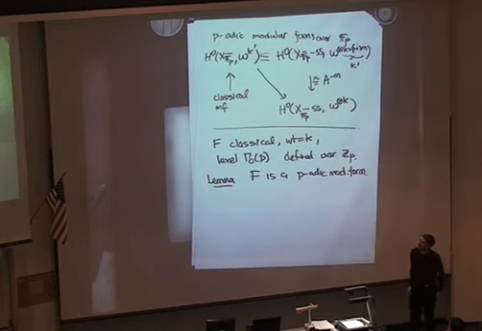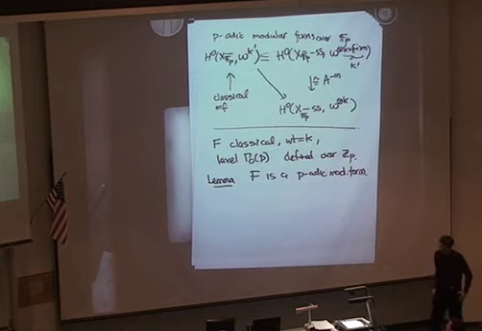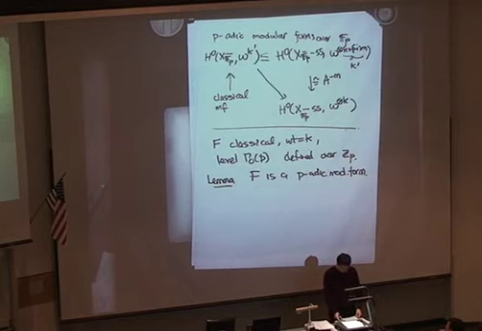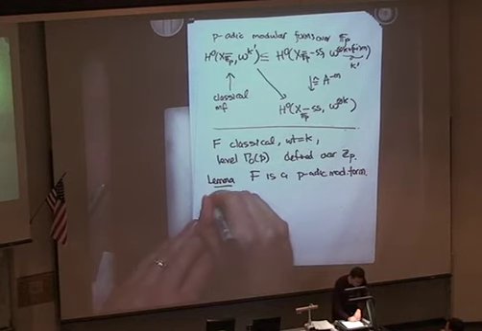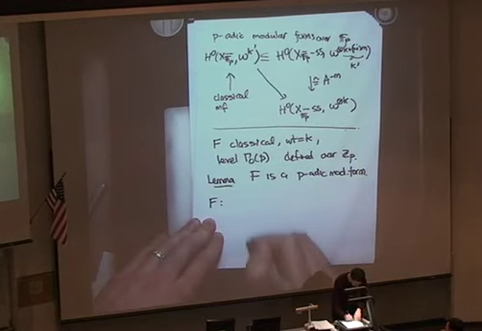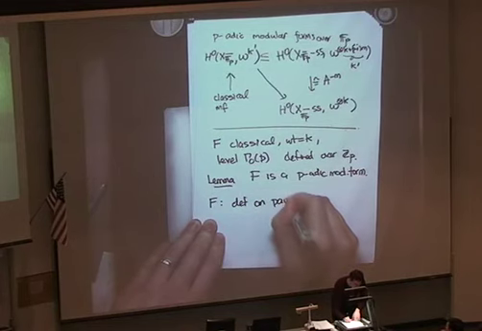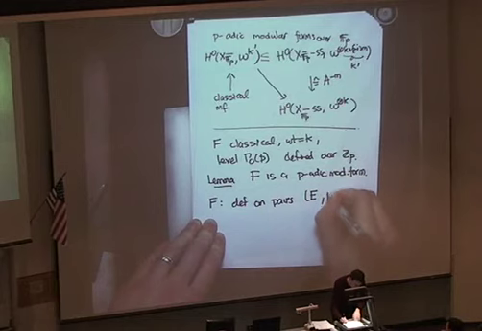So what type of statement is this? Fortunately, I still have the definition of p-adic modular form. So we kind of have to compare what kind of objects these functions are defined on. This F is defined on pairs given, say, by an elliptic curve and a subgroup of, say, E[p].